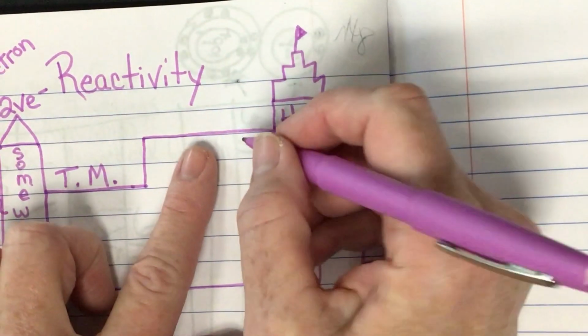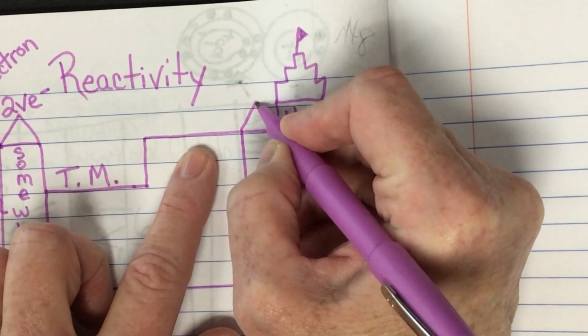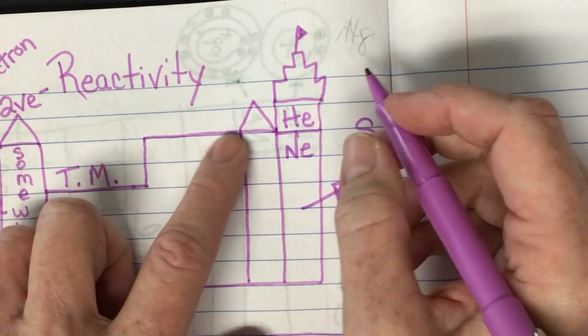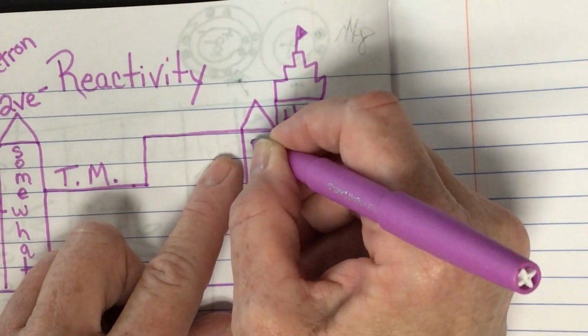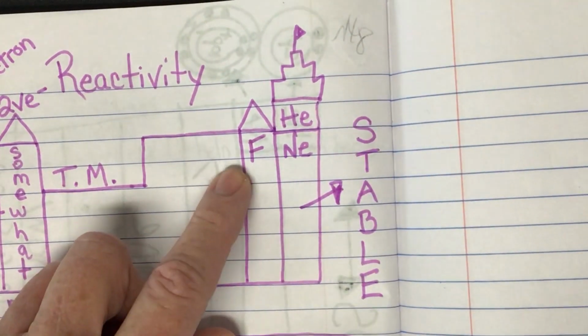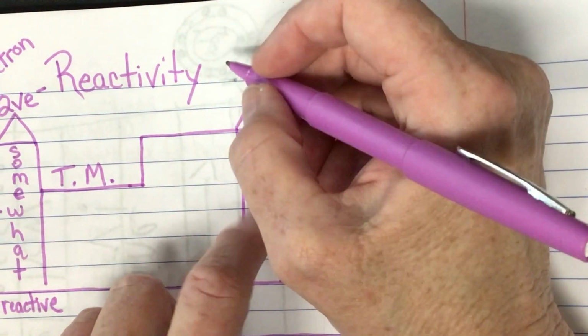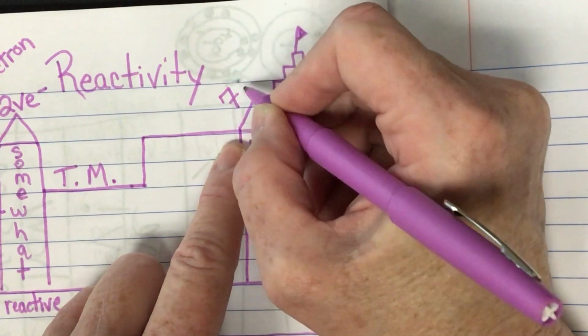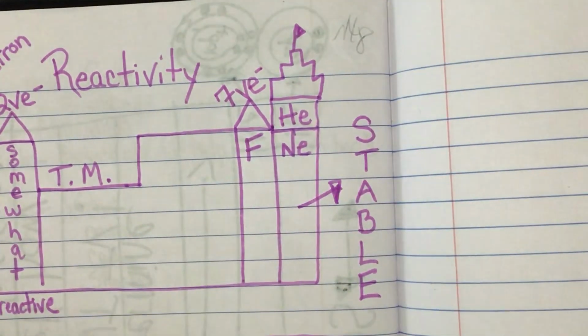All right, this group right here is 7A, and I believe the head of this group or family is fluorine. Fluorine and all the other elements below it have 7 valence electrons, V for valence, E negative for electrons.